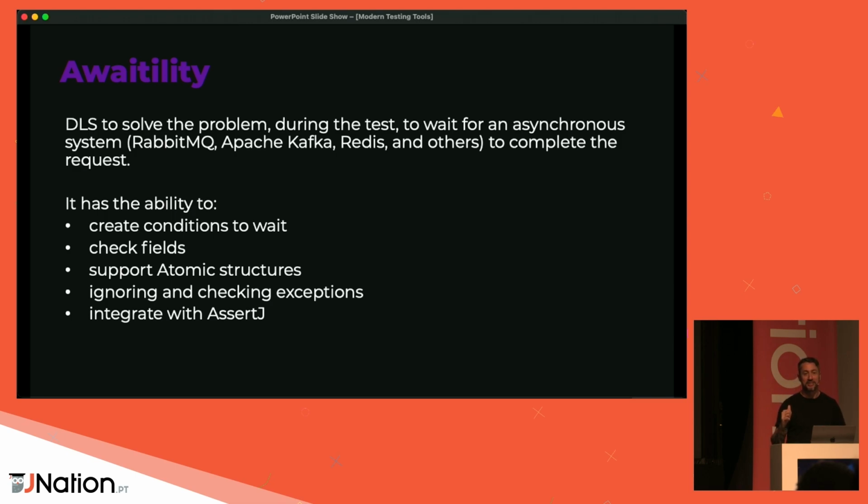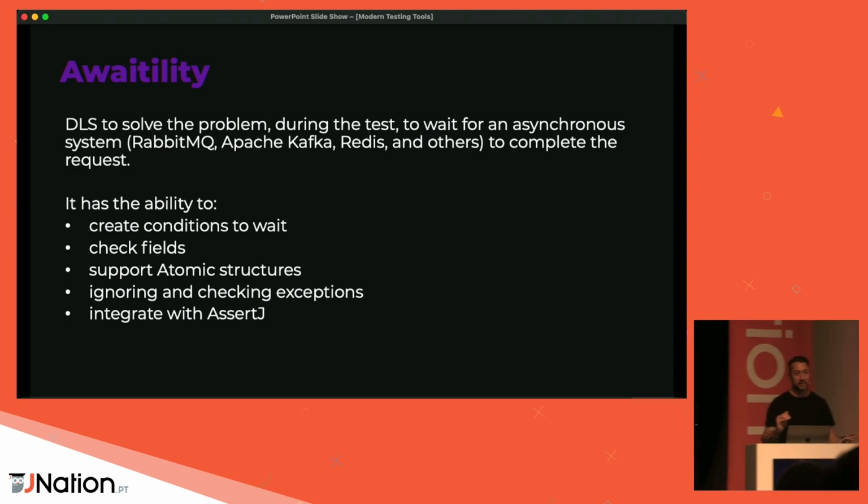I'm excited explaining this, right? So you can integrate with AssertJ. It's awesome as well. I will show a super silly example. I'm not playing with RabbitMQ or Kafka. I just created a backend that will delay the request for 7 seconds, just to show you how we can use these utilities to solve this kind of asynchronous problem, okay?